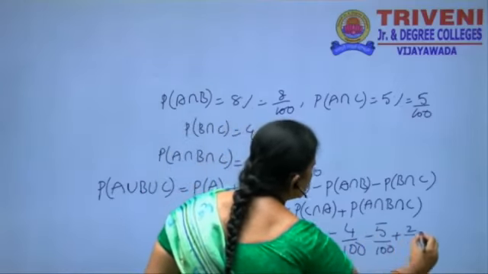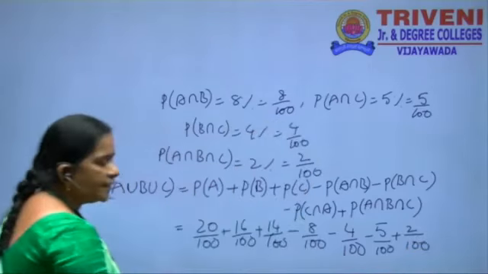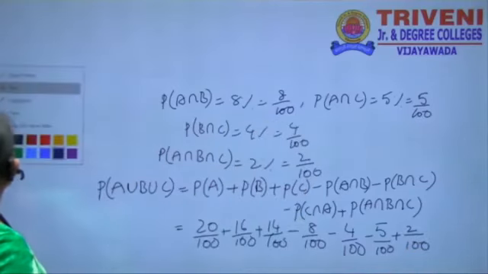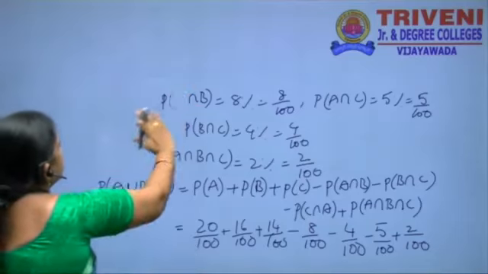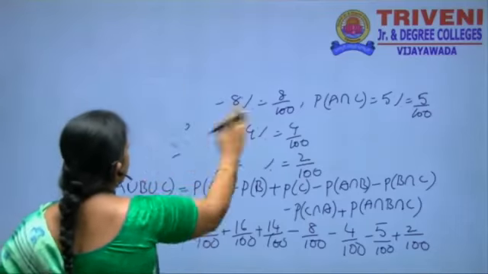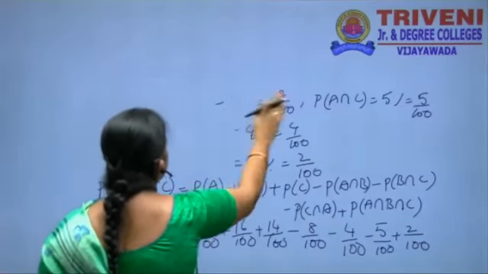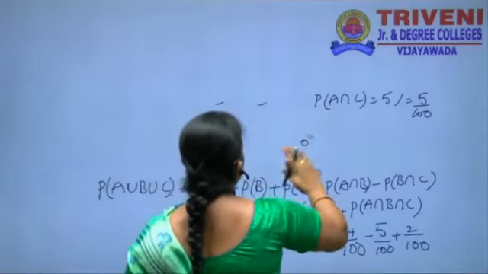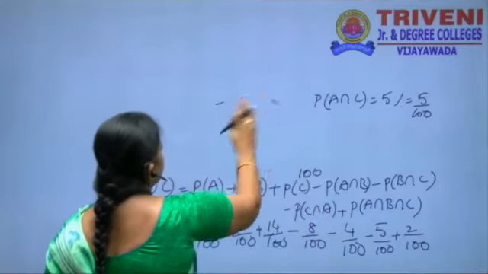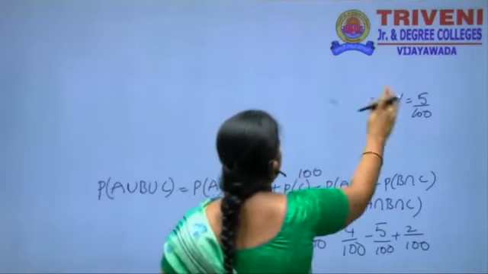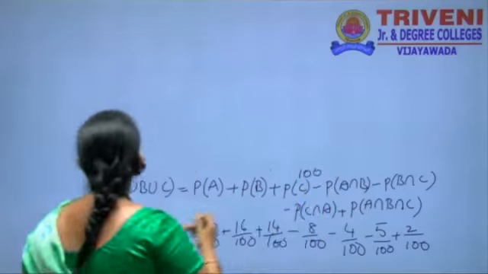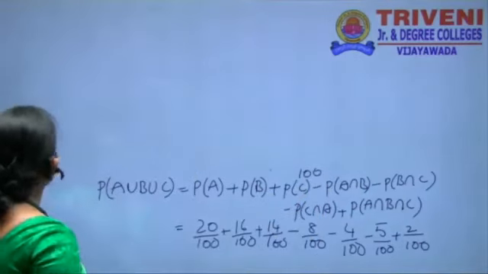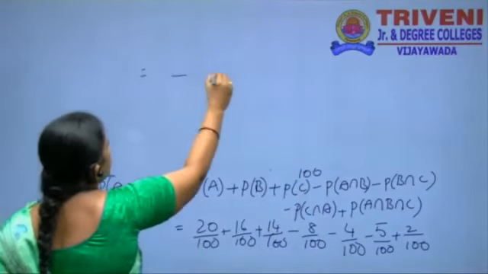Here also 2 by 100. All the denominators are same. Then take the LCM here. Then we get the LCM is 100.